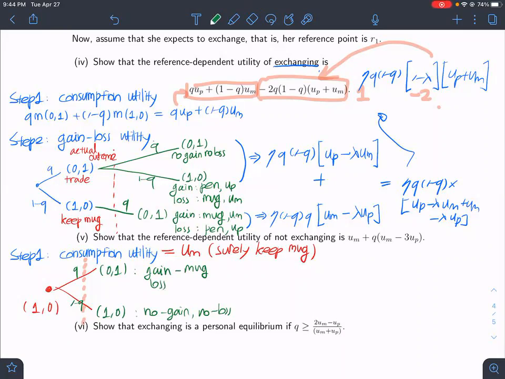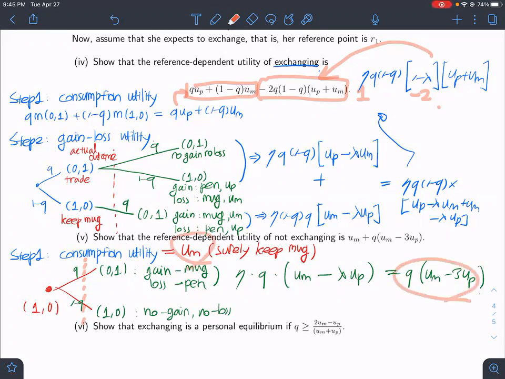I feel like I lost a pen, which I hoped. And then the gain loss utility is eta q. I got a mug, so minus I lost a pen, lambda UP. This is eta is 1, lambda is 3. So if you add up this and this gain loss utility, then you'll have this answer. Any questions?